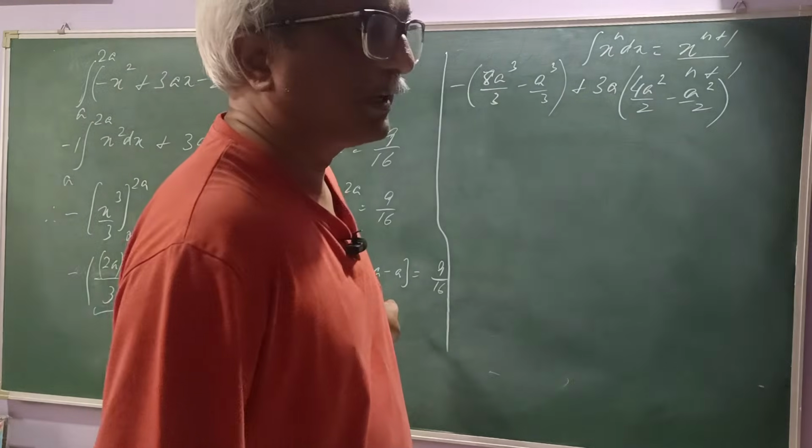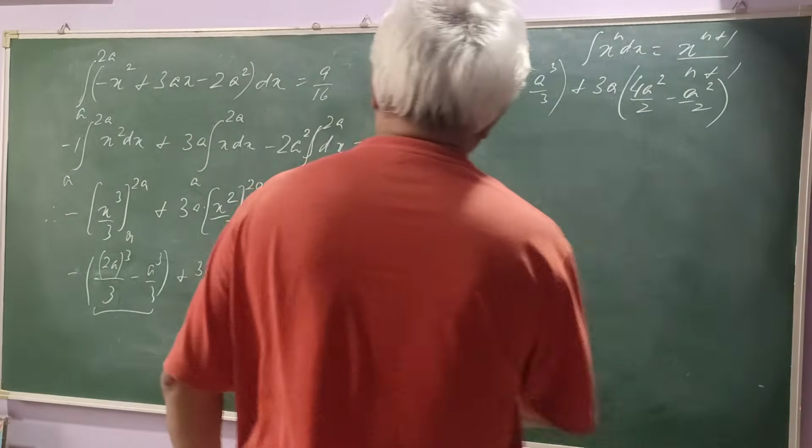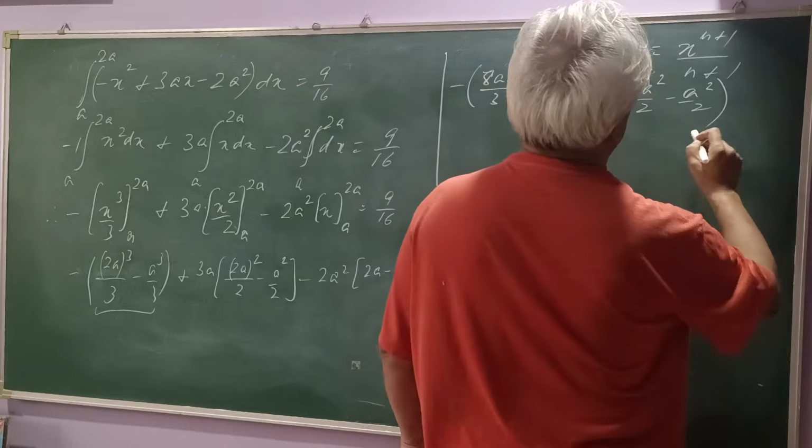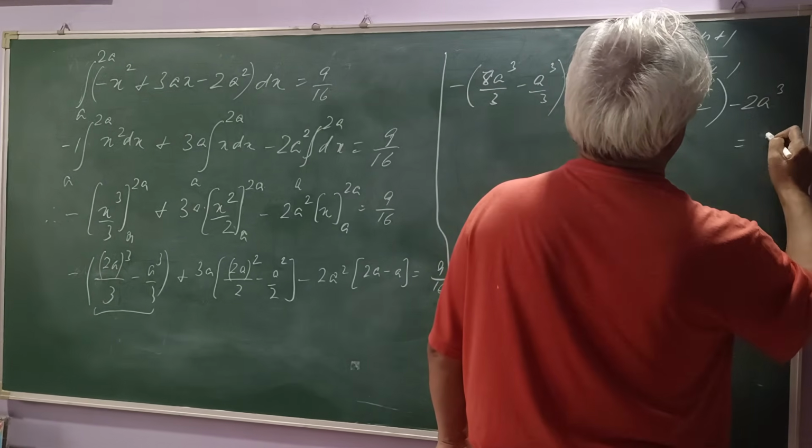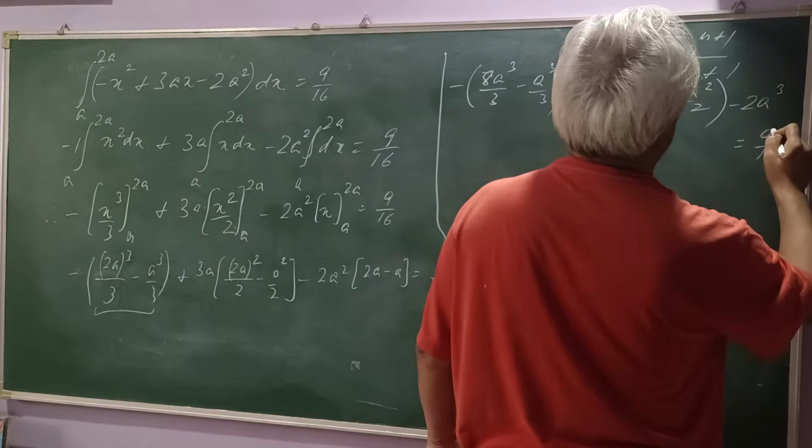Minus, now 2a minus a is a, so this becomes minus 2a cube. And this whole thing is equal to 9 by 16.